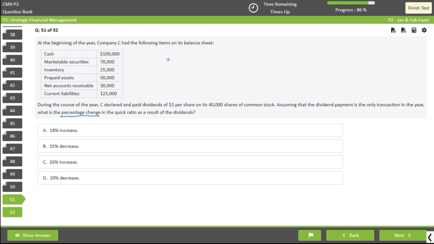So first, let us calculate the quick ratio before dividend payment. So quick ratio before dividend payment, and QR after dividend payment.